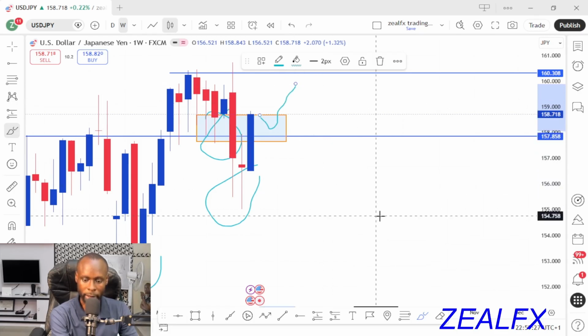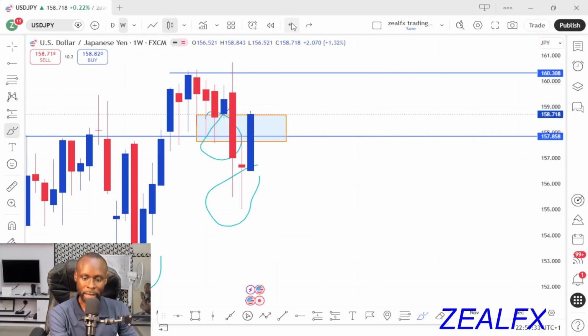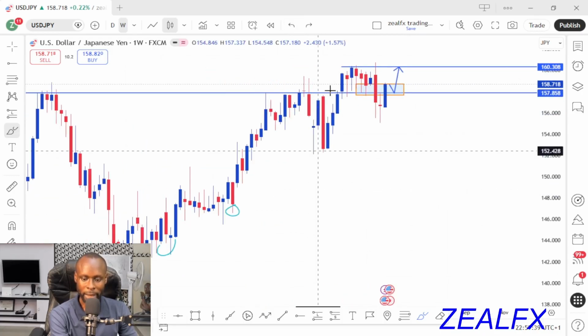So the USDJPY setup is one of my best setups this week. Why is it my best setup this week? Because we have a strong bullish method, which is price creating a series of higher lows for buy.